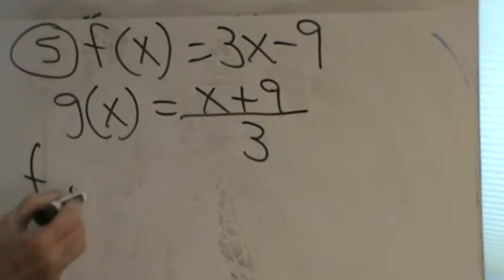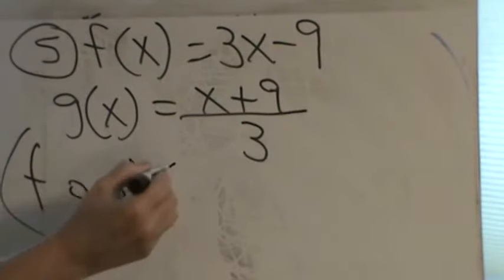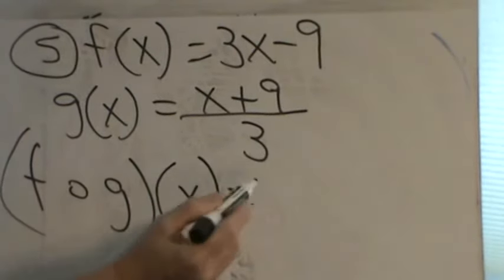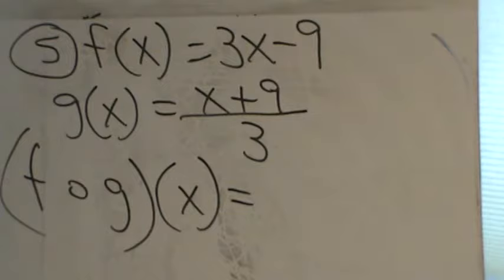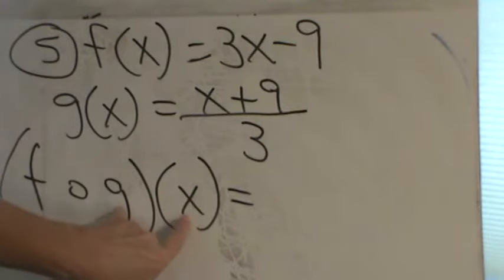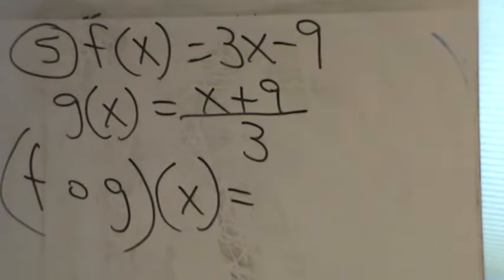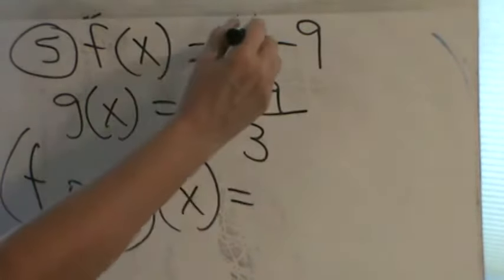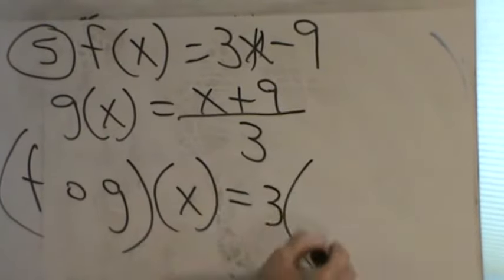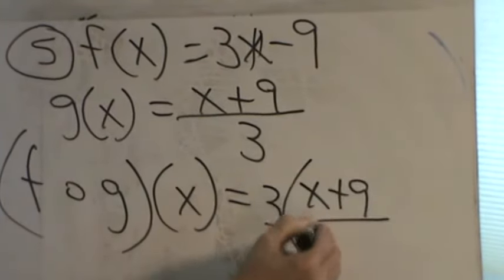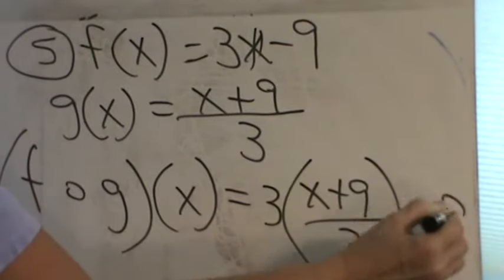What's f of g? Take this g of x math problem and put it right there on top of that x. Take the x out and put the fraction. And by the way, this is not a bad fraction.